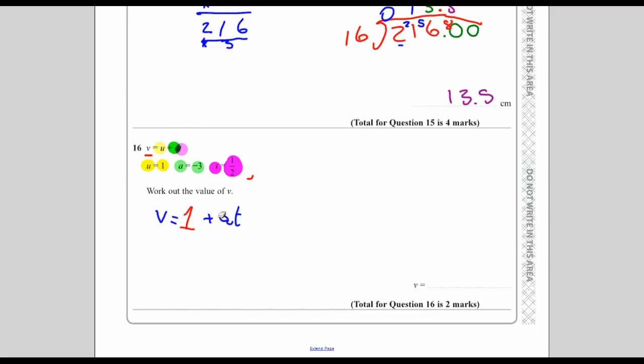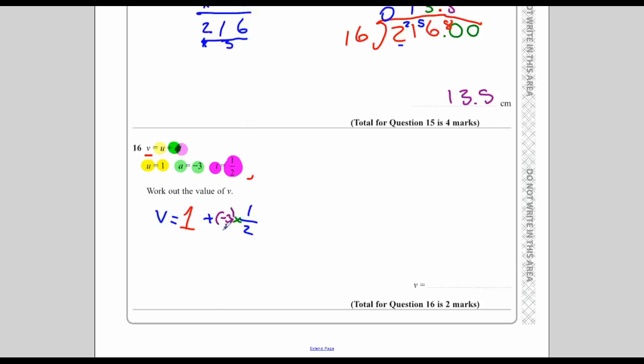So for now, I'm going to put it in brackets because we're substituting it in. Minus 3. And T, which has been half rubbed out already, is going to be a half. So let's substitute that in. Remember that when 2 letters are next to each other, there's a secret hidden multiply.